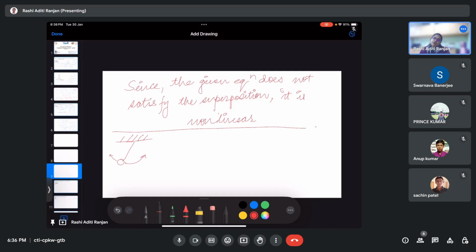Correct. So you must remember that we used to get the equation of motion, and it would have a sine theta in it, isn't it? Theta double dot plus g by L sine theta is equal to 0.